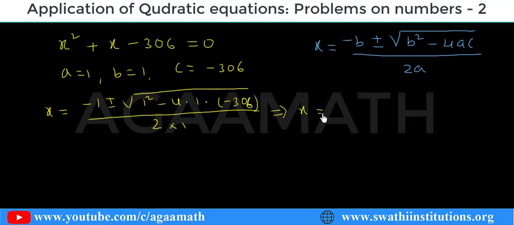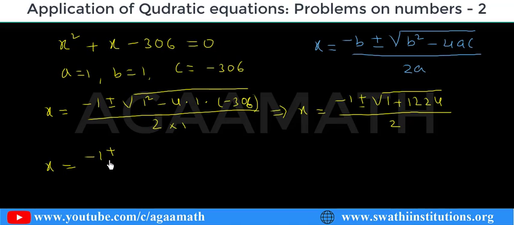So x equals minus 1 plus or minus under root; simplifying, 1 square is 1, minus of minus becomes plus, so 4 into 306 is 1224, giving 1 plus 1224, by 2. Finally, x equals minus 1 plus or minus under root 1225 by 2. The square root of 1225 is 35.